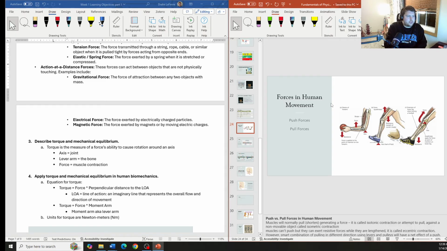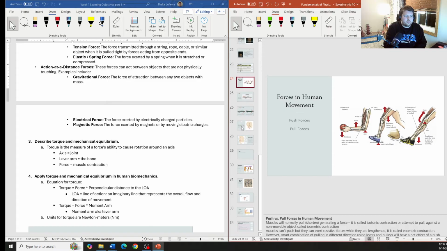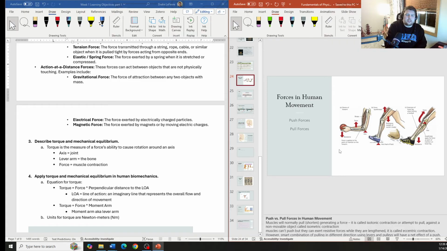Talking about the actual human body, forces in human movement, you get push and pull forces. That's everything that there is. I should clarify, all of our muscles pull. Not a single muscle pushes. All of our movements are based off of the muscles shortening and pulling the bones.